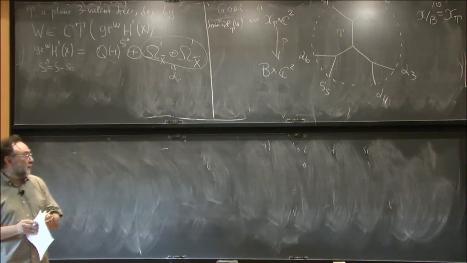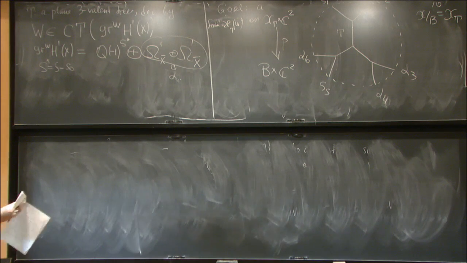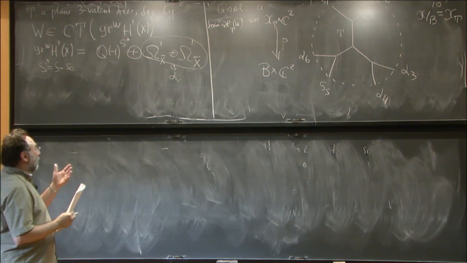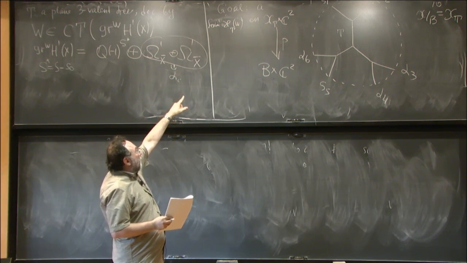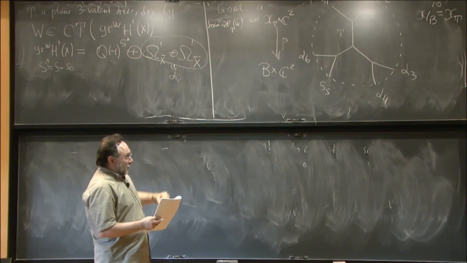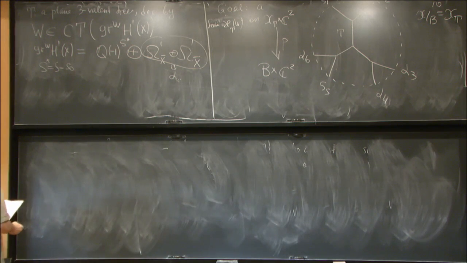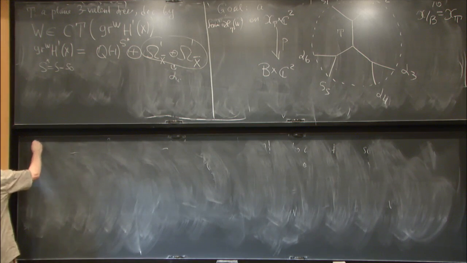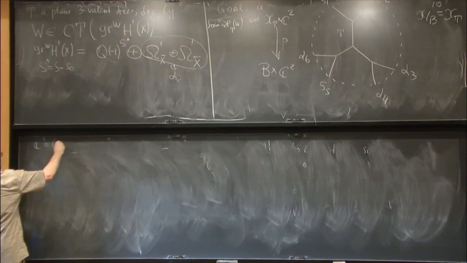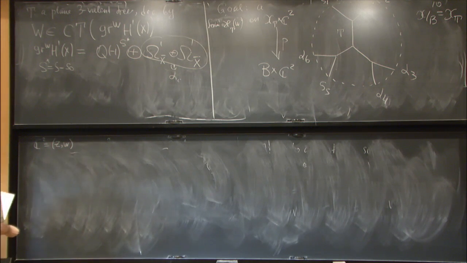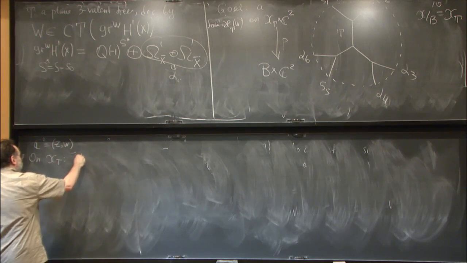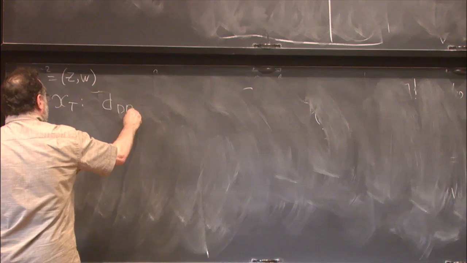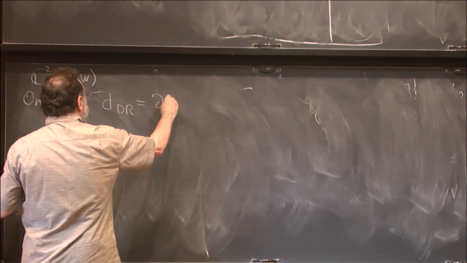Okay. So I need to define now the rules. Again, the point is that I want to construct some differential form of big degree on this space and then integrate it down. Now, first of all, some notation. I remind you that we have the twistor plane and the coordinates there are z and w. So on xt we have the de Rham differential, and I'm going to write it as usual as d plus d bar.